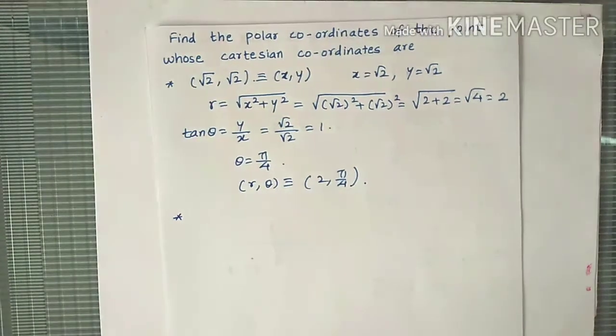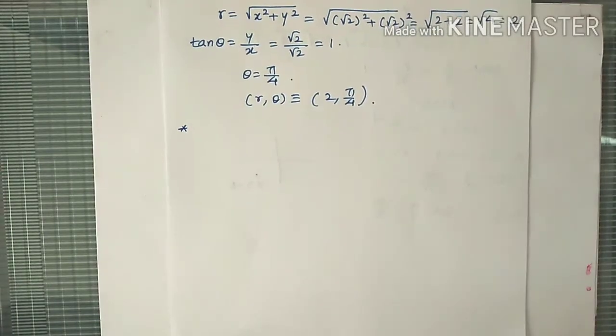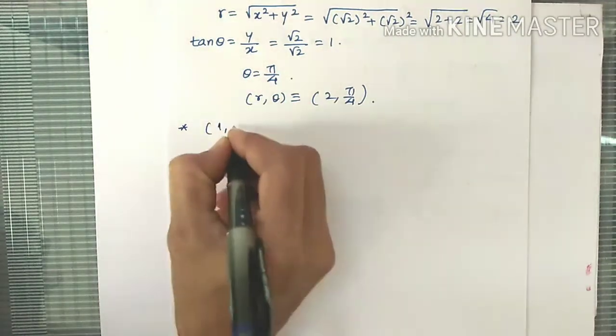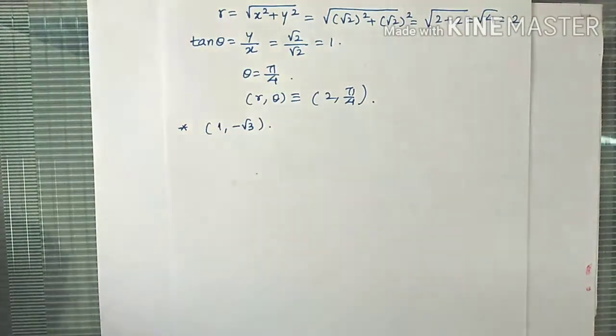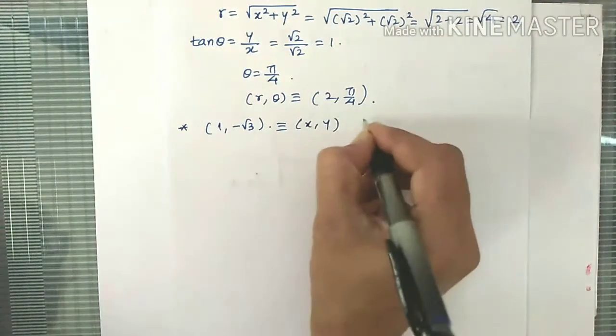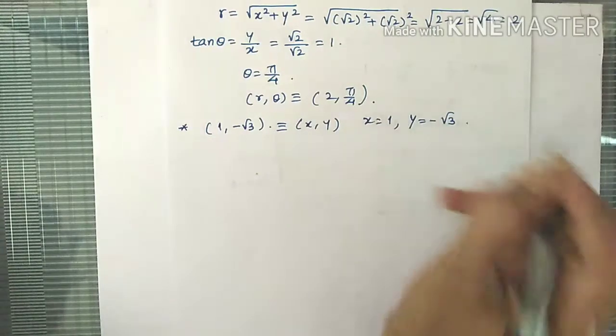Let's study one more question. Find the polar coordinates of the point whose Cartesian coordinates are (1, minus root 3). Now comparing with x, y, value of x is 1 and value of y is minus root 3.